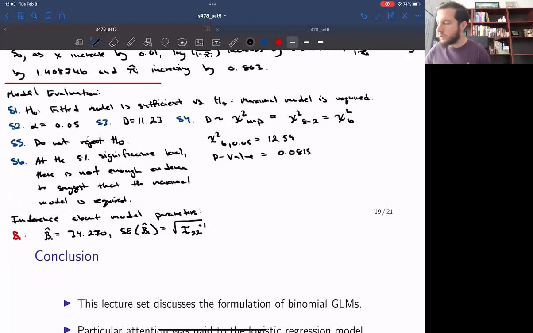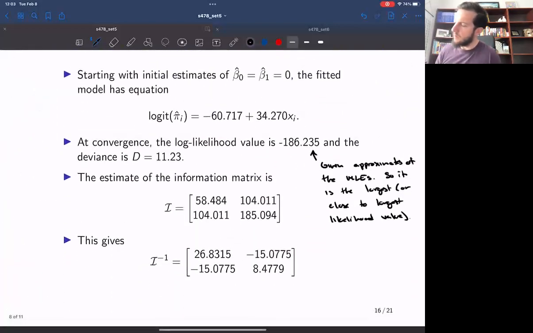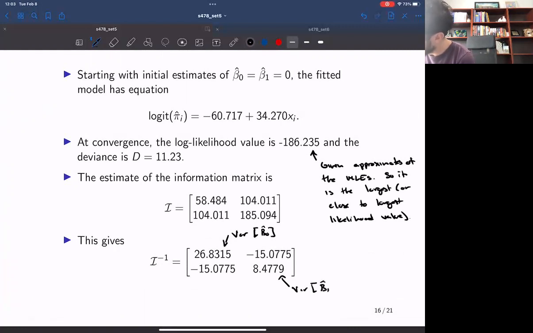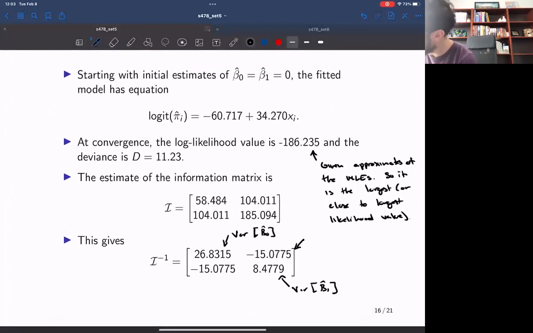So the information matrix that we computed and shown on slide 16: this here is the variance of beta 0 hat. This here is the estimate of the variance of beta 1 hat. And then these two things are going to be the covariances, right? So this is going to be the covariance of beta 0, beta 1.